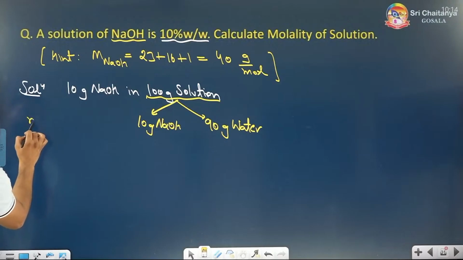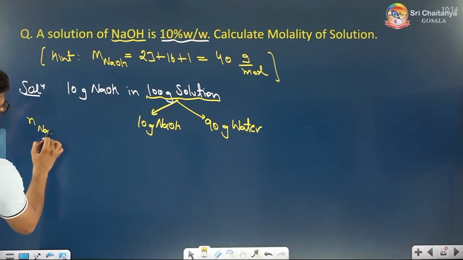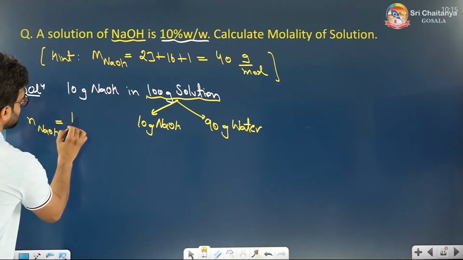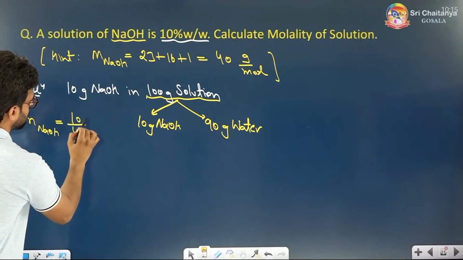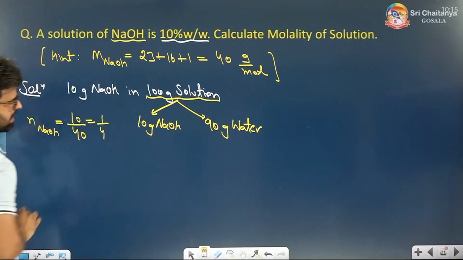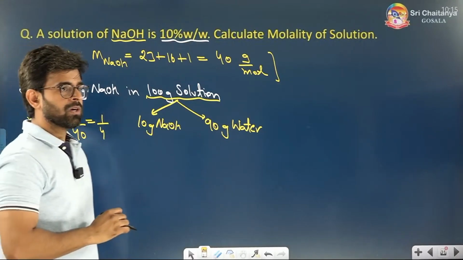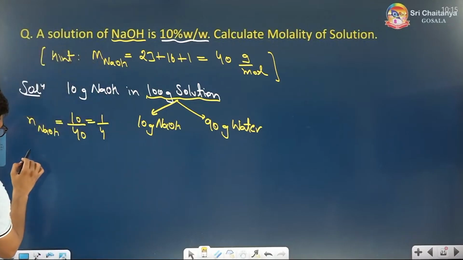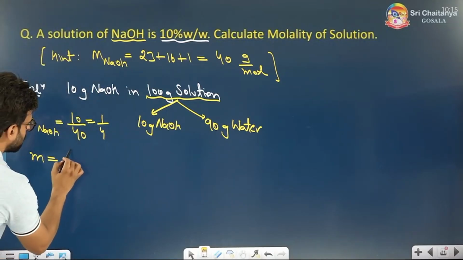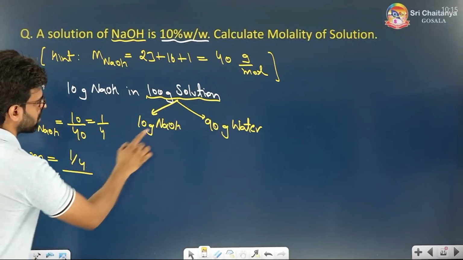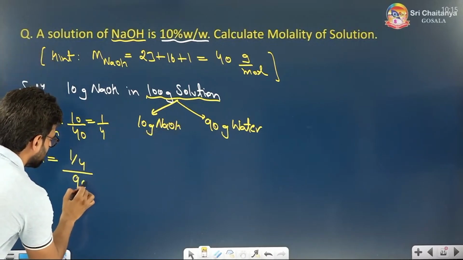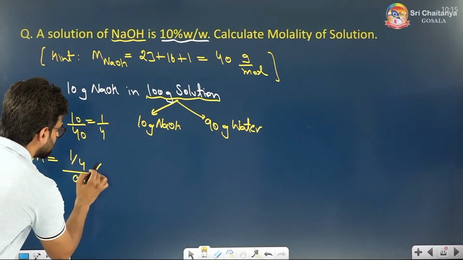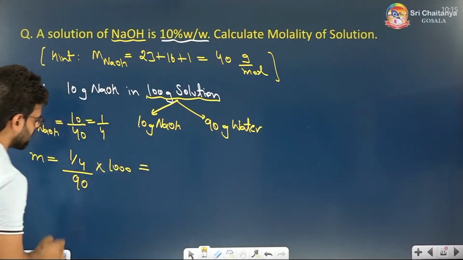I want to find moles of NaOH first of all, right? How much coming? 10 by 40. Molar mass 40, so how much coming? 1 by 4. Okay? So from here we can see what is coming? Molality. Mole of solute 1 by 4. How much solvent? 90 gram. Please make it kg.